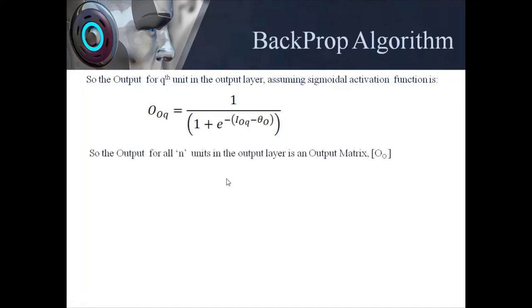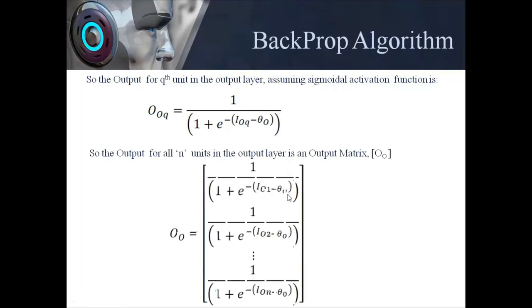So with this, for all the n units in the output, I will get a matrix O which is of the order n cross 1. And why n? Because n output units are there in the output layer.